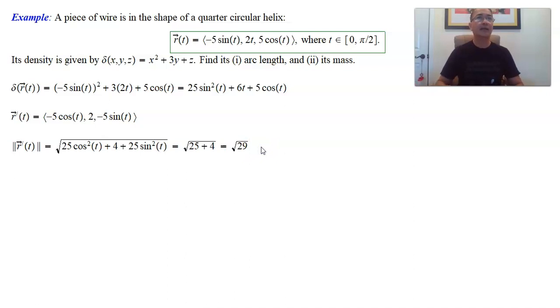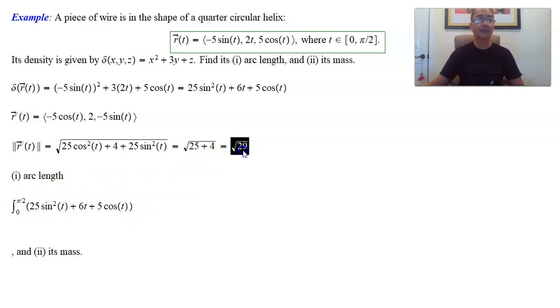Okay, so how about the arc length? Let's find the arc length. Might as well get the whole thing for later. For the arc length, our domain is from 0 to pi over 2. So integral from 0 to pi over 2, and then we said bring this function in and multiply by the magnitude of r prime, which is this, dt.